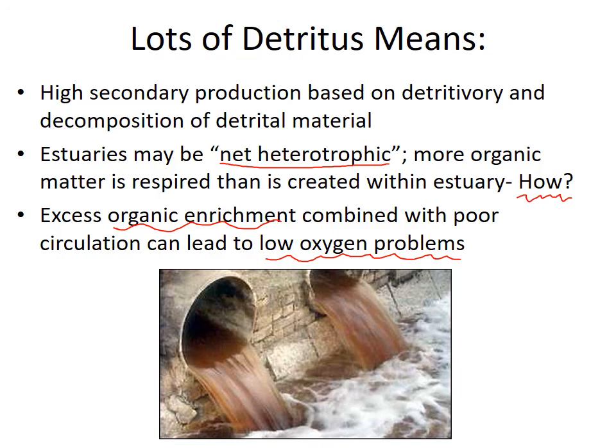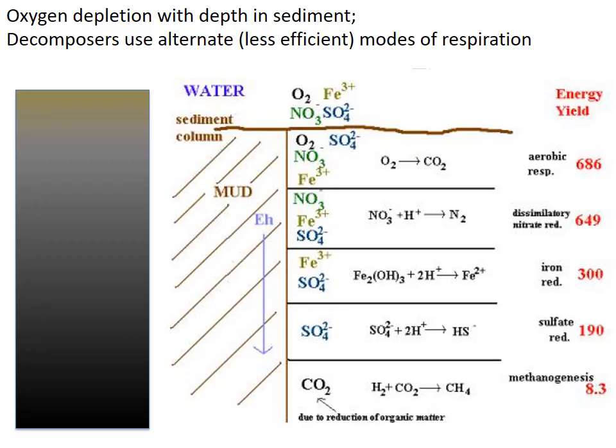So this idea of low oxygen resulting from the decomposition of organic matter is a big thing in estuarine ecology, and where the water column of the estuary will become depleted in oxygen, where there's an extreme amount of organic matter decomposition.